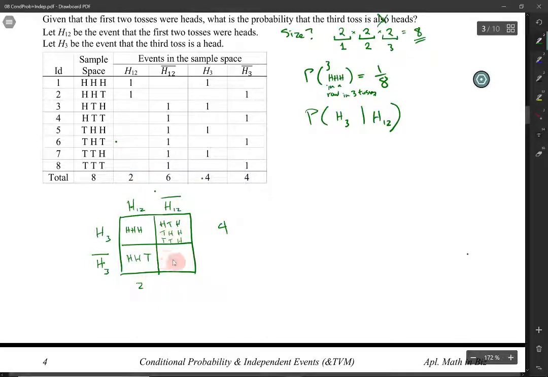And then for this one, it should have the remaining 3. Oh yeah, so there should be 3 in here. Okay, so then if we have 3 in here, then this would give us 4, and then this would give us 6, and they would add up to 8, right?